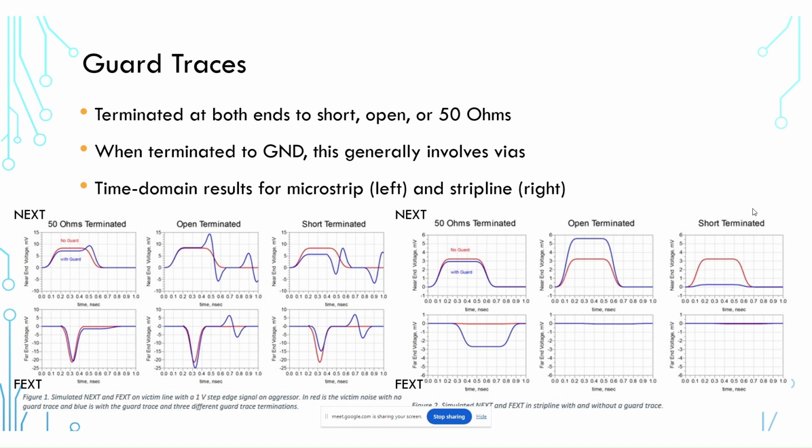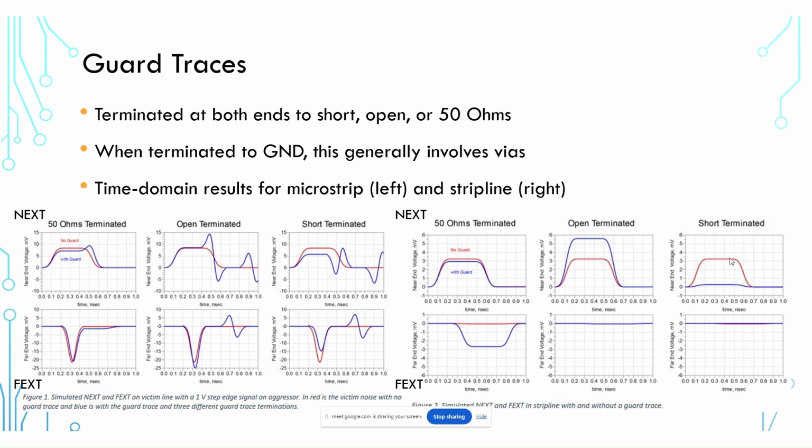Now, what about the case with strip lines? With strip lines, here with the short terminated trace, in the case of far end crosstalk, we get a reduction with the guard trace, but the crosstalk was already so low anyway as to be inconsequential, and we wouldn't need to worry about it. Now, what about near-end crosstalk? With near-end crosstalk, this is where we would get significant reduction with the guard trace.